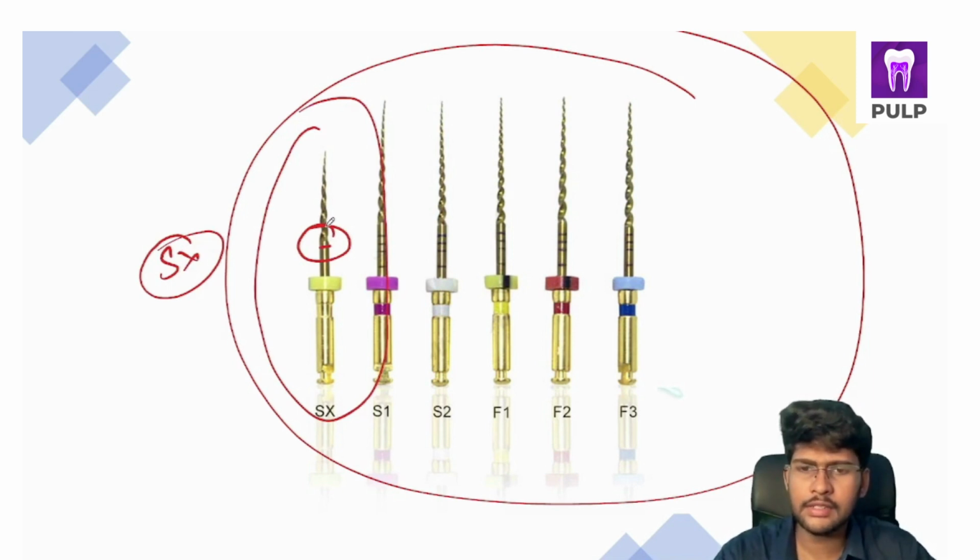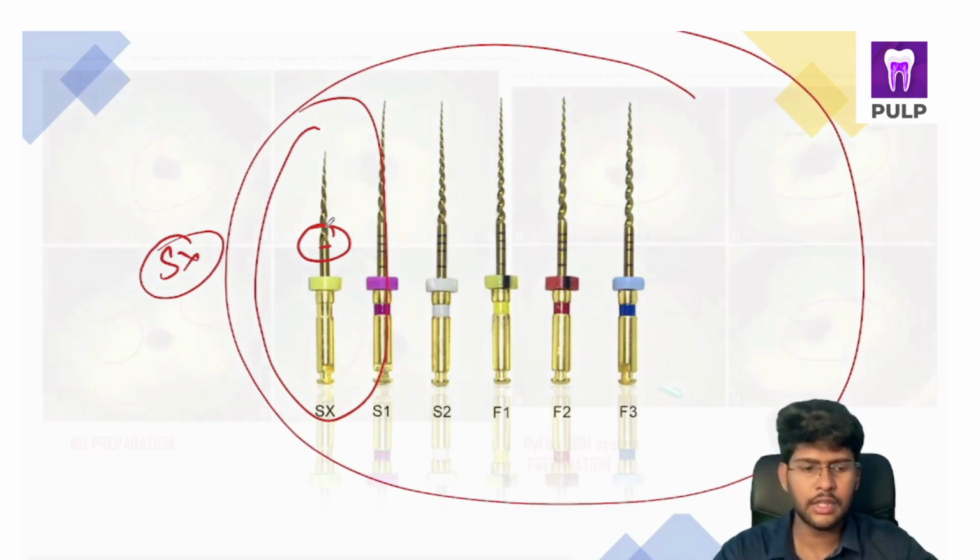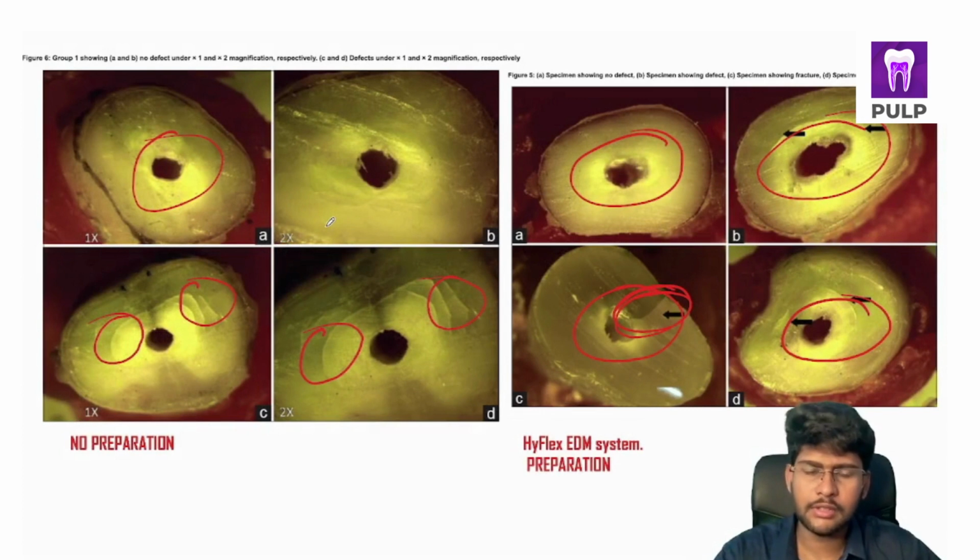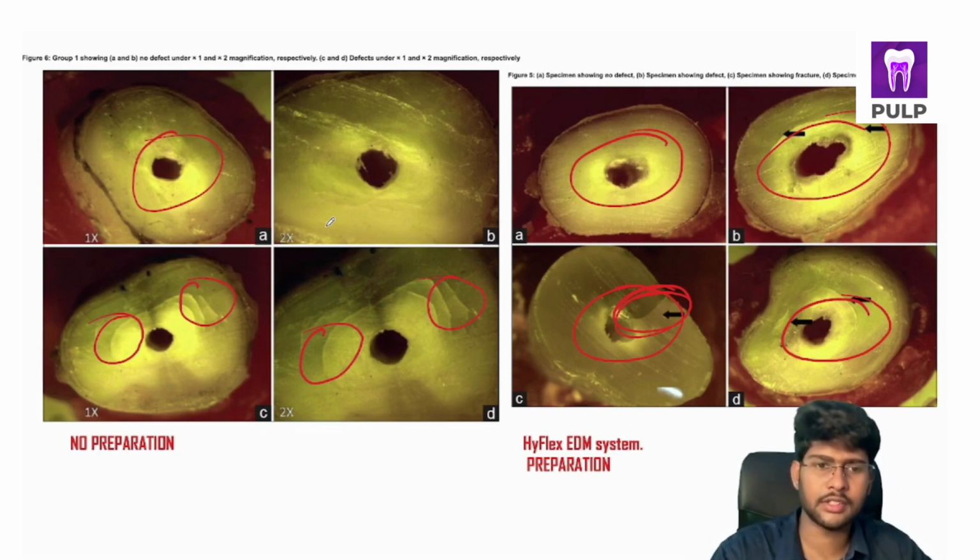The first file generally used is the SX file or the orifice opener, where you can clearly see the bulk diameter at the cervical portion. So this clearly says that the amount of tooth structure that is cut is very huge. When a lot of tooth structure is compromised or cut, you can definitely say that the fracture resistance of the tooth is totally compromised. So one disadvantage that we have with the rotary system is compromised fracture resistance.